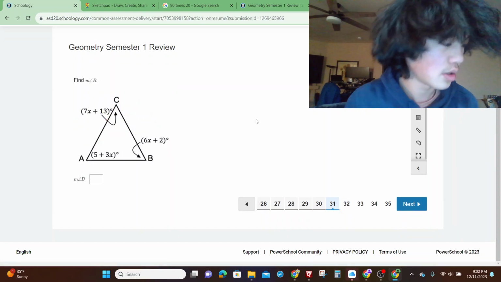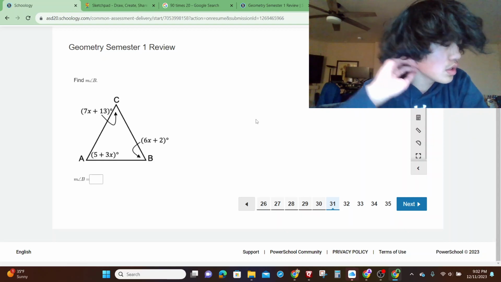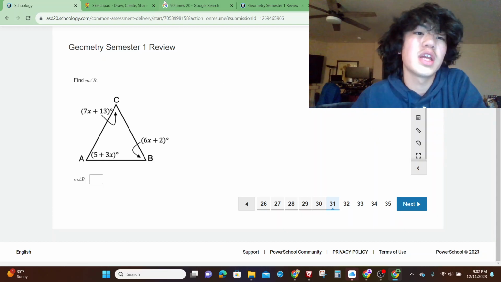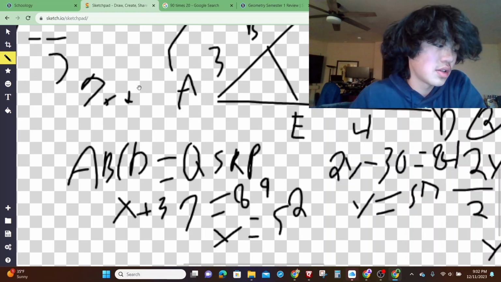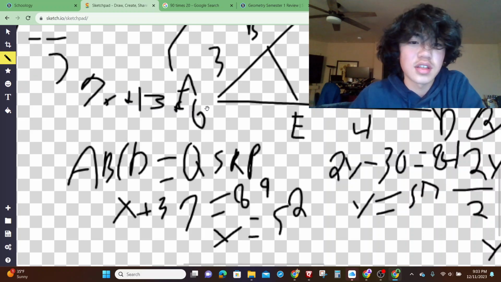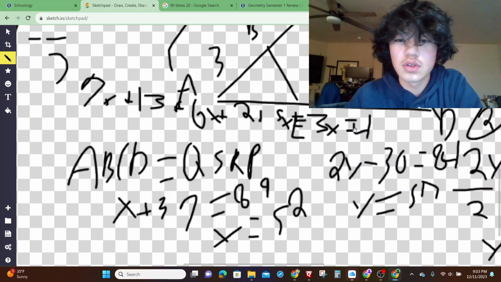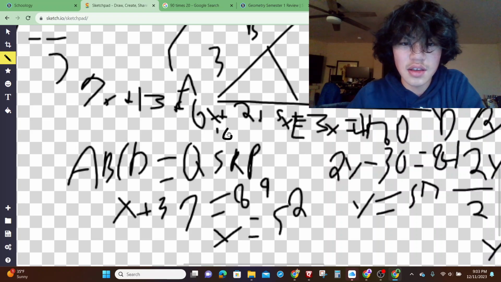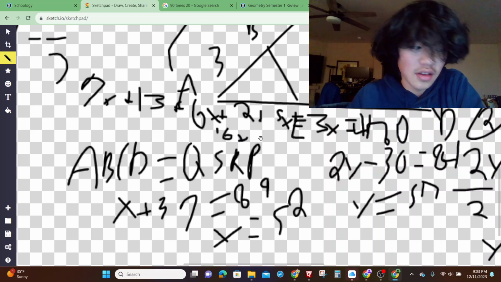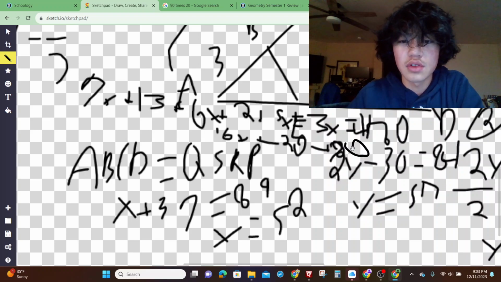Find M, B. Okay, so it's going to equal 180. So what we're going to do is 7x plus 13 plus 6x plus 2 plus 5x plus 3x equals 180. That leaves us with 16x plus 20 equals 180.